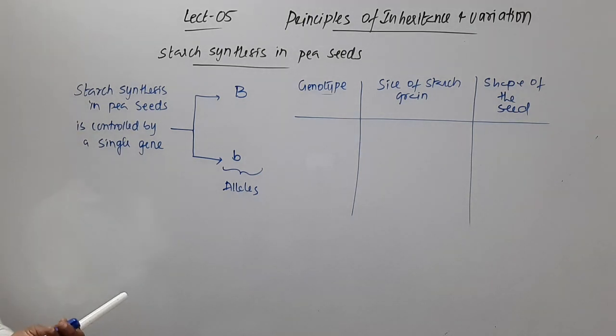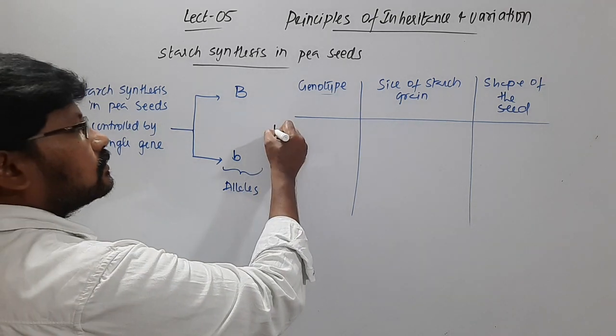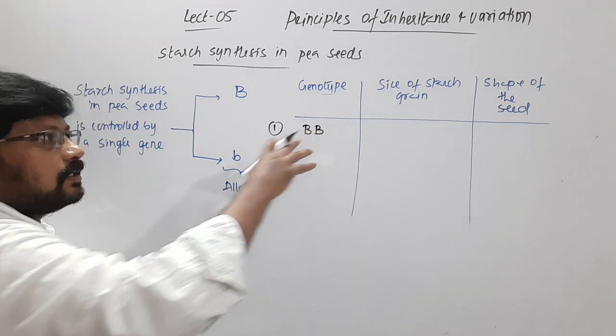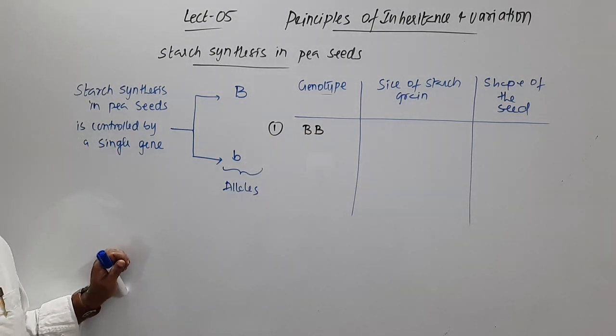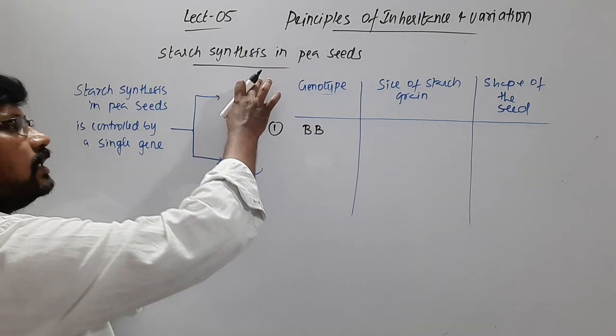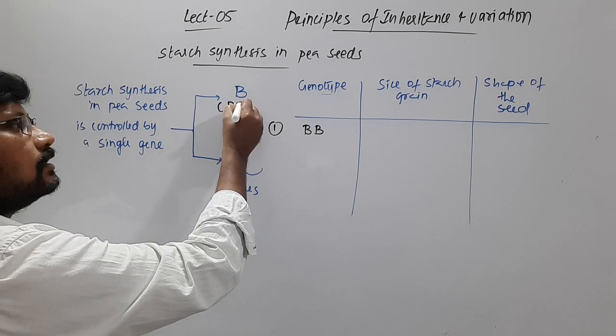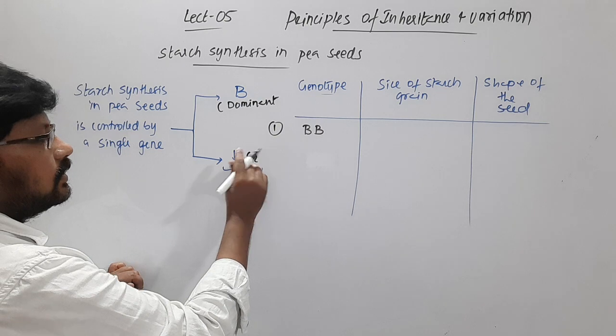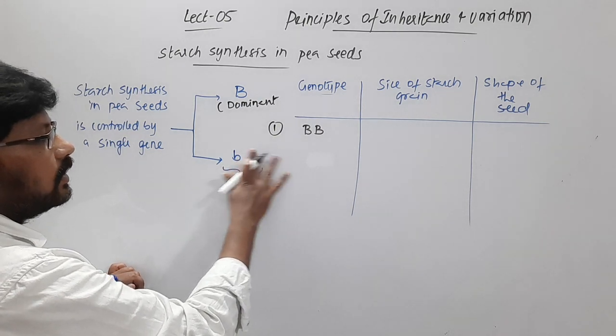Now here, when the genotype is capital B, so when it inherits both dominant genes, here we can understand capital B indicates dominant, and small b indicates recessive.